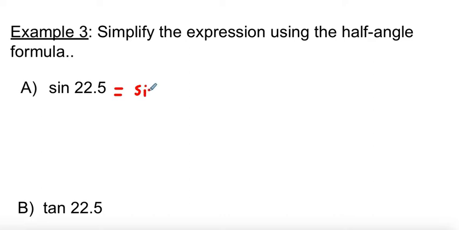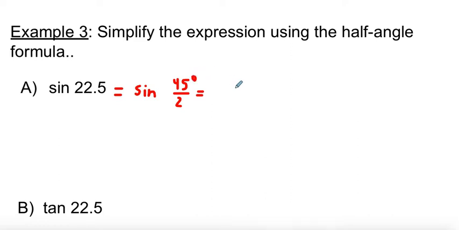That would be 45. If I took 45 and I divided by 2, I would get 22.5. Okay, so that's like your half angle there. So we could use the half angle formula then, because your x here would be like your 45 degrees.